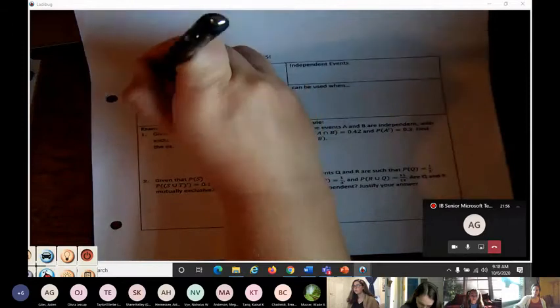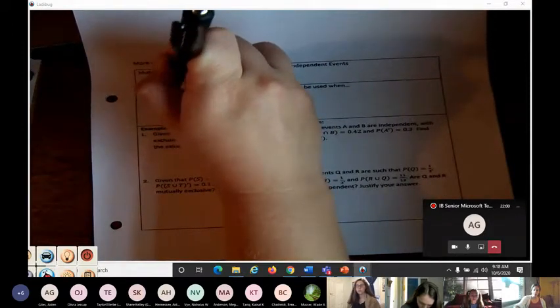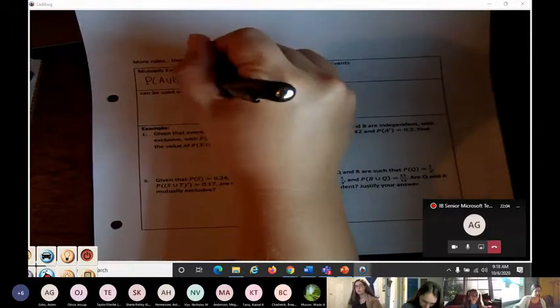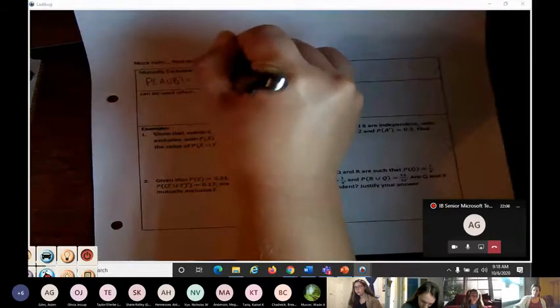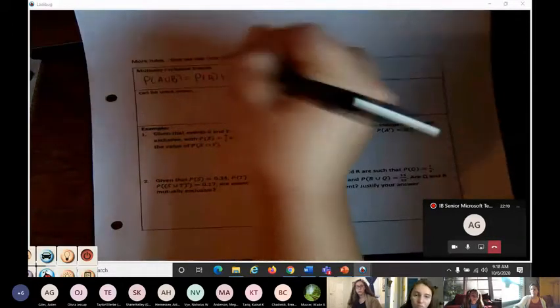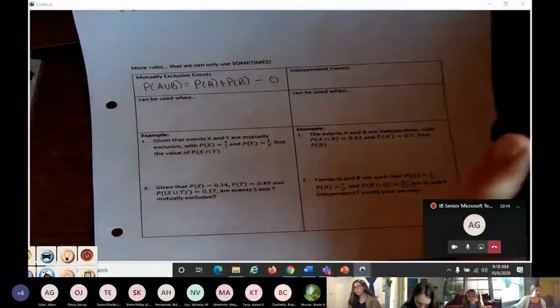So the probability of the union of the 2 events happening is just P of A plus P of B, because the intersection is 0. I know that these were already posted, but I'm going to talk through them because we never talked through them together.